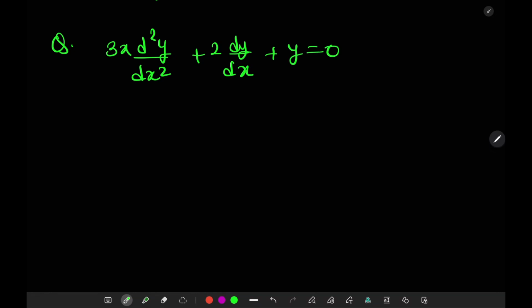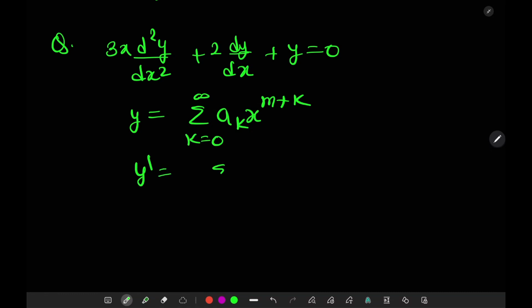Let y is equal to summation a k x raised to power m plus k. Then y dash is equal to summation a k into m plus k into x raised to power m plus k minus 1.